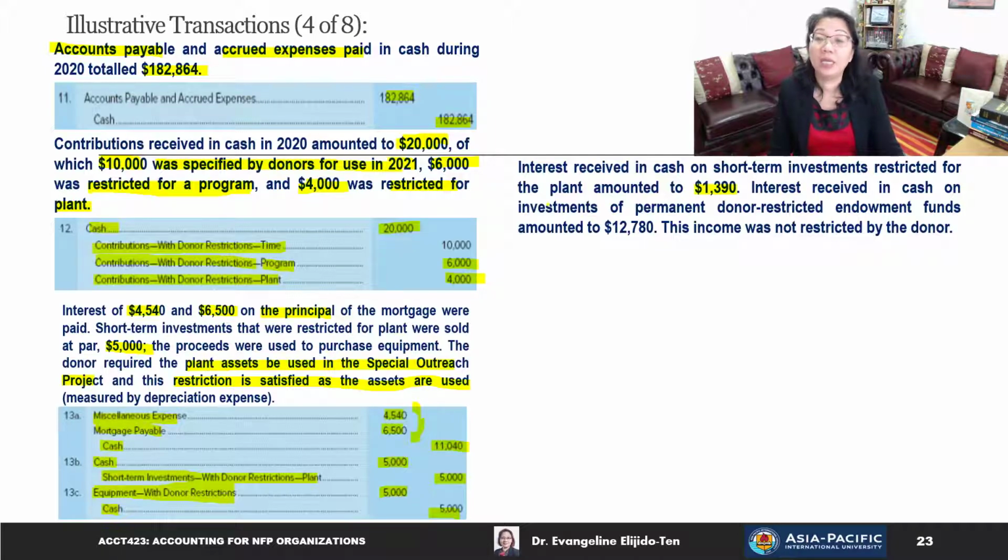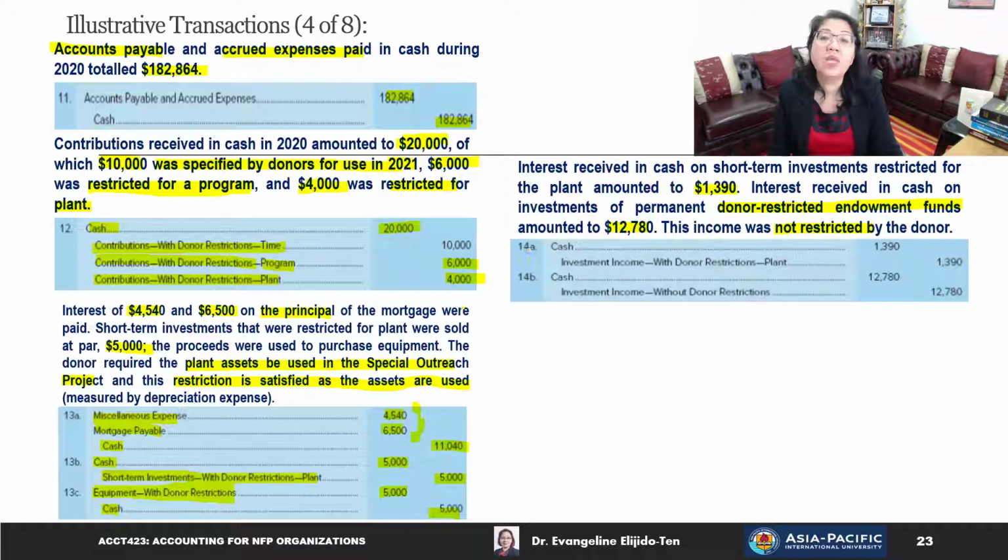Next transaction says interest received in cash on short-term investments restricted for the plant amounted to 1,390, and the interest received in cash on investments of permanent donor restricted endowment funds amounted to 12,780, and this income was not restricted. So we'll debit cash 1,390, that's for the interest, and credit investment income with donor restrictions plant 1,390.